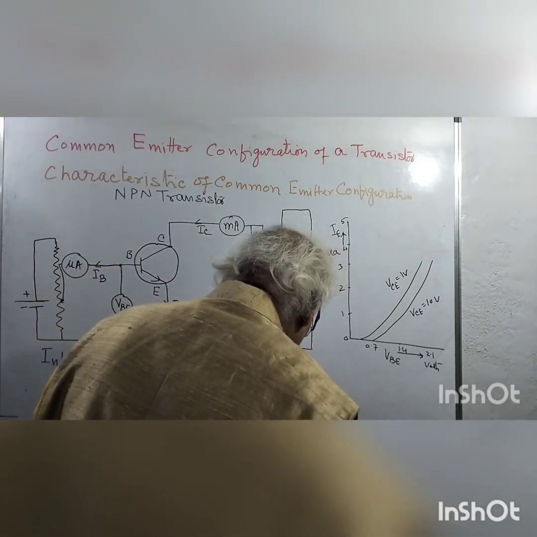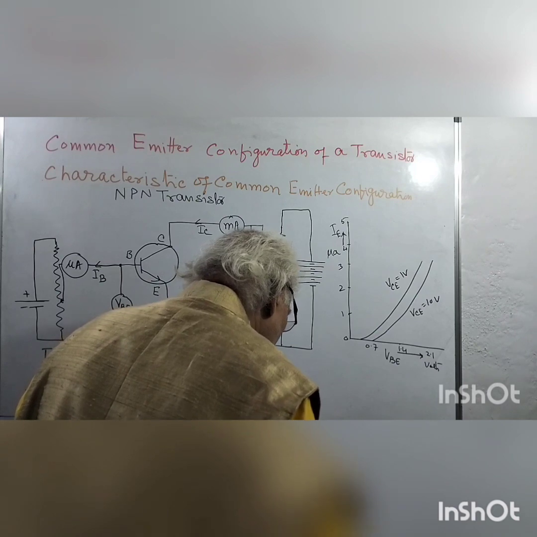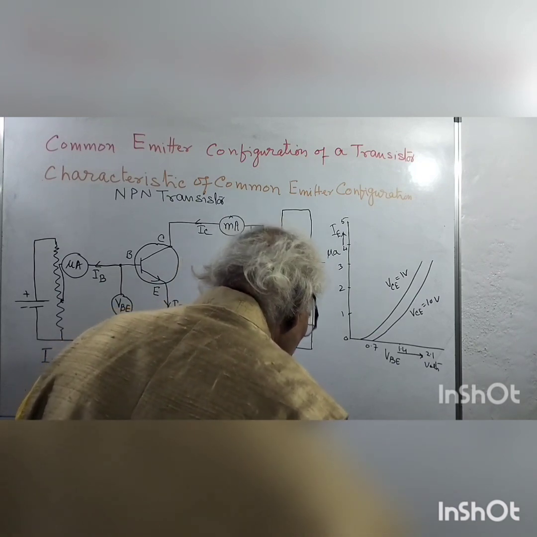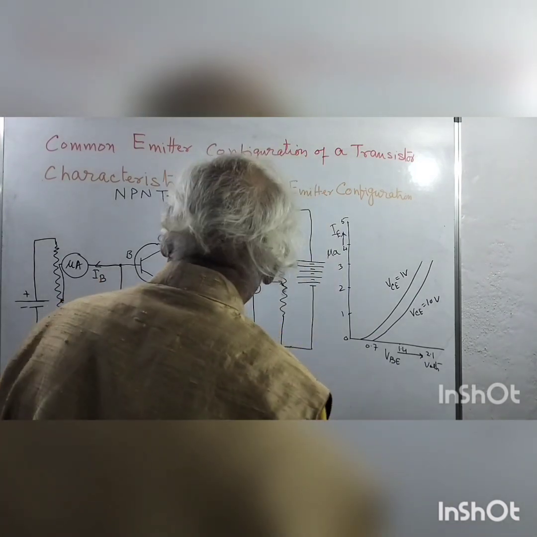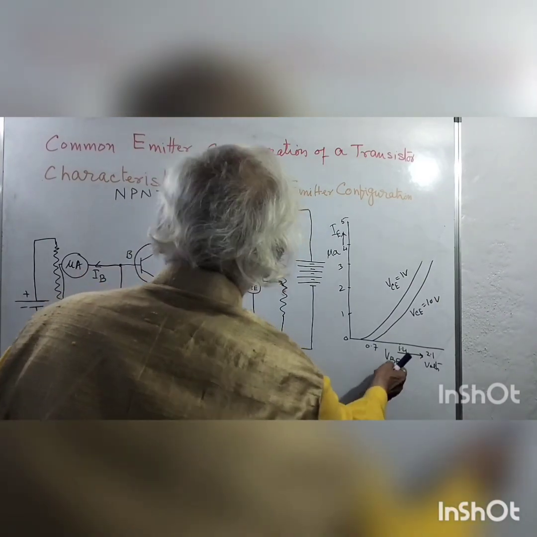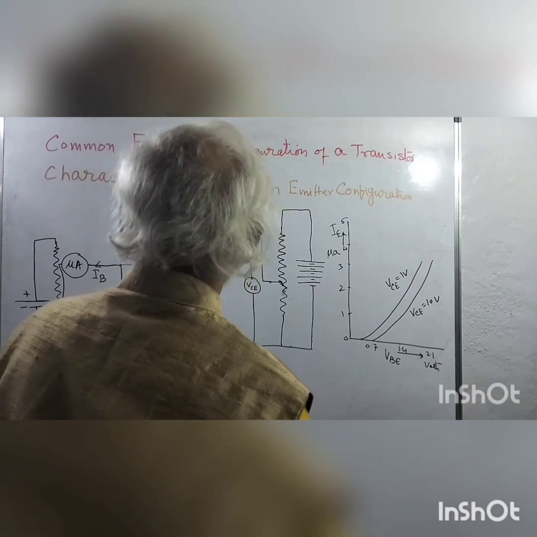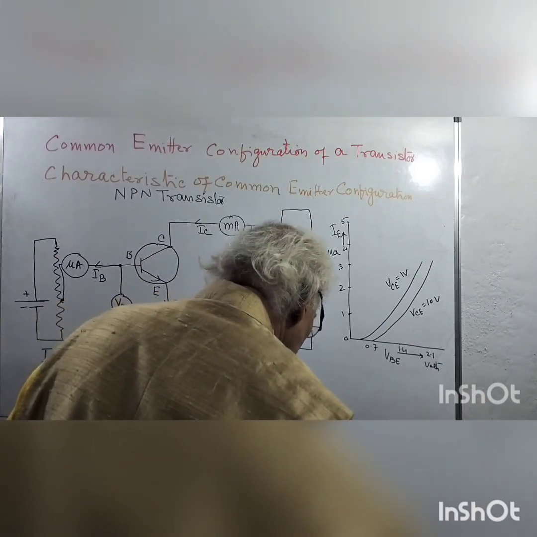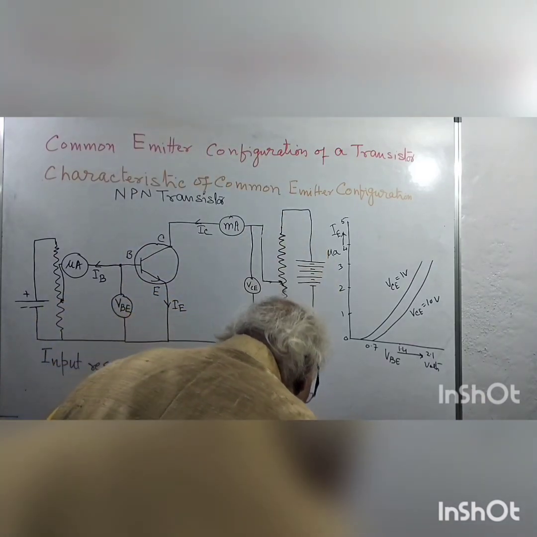So remember that we measure the base current in microamperes and the base emitter potential, and we see how this current depends on it.